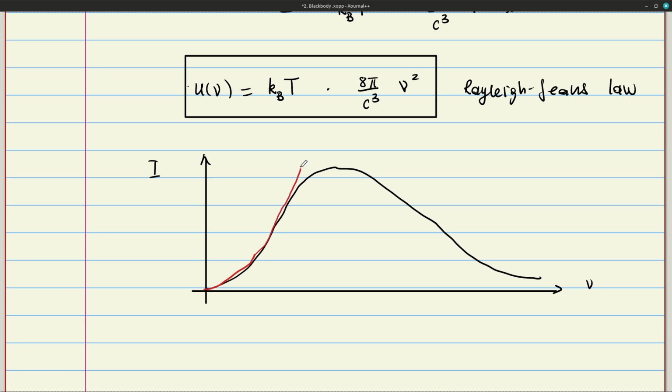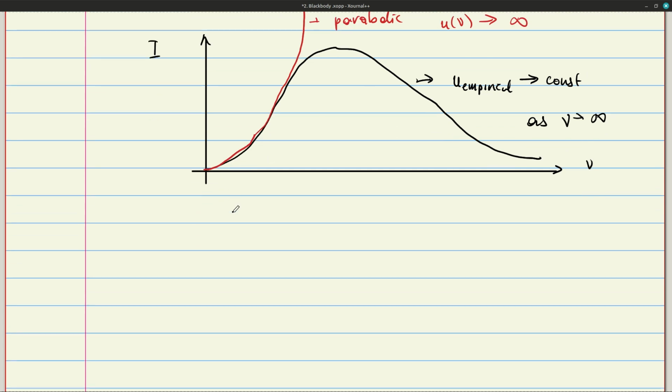But as you keep going, this is parabolic, and U of nu goes to infinity, whereas the empirical one, U empirical, goes to a constant as nu goes to infinity. We have a catastrophe here, and this is what we call the UV catastrophe.